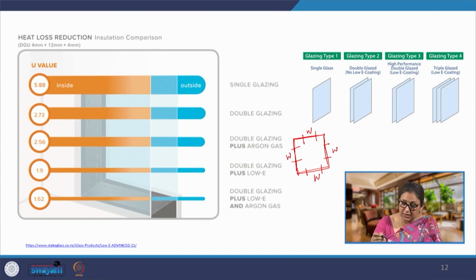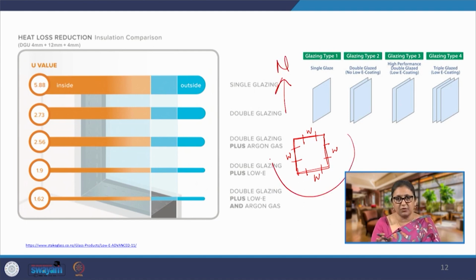Now, the sun, assuming that north is up, the sun is going to move like this for most part of the year, from east to west through south. So, I will have a lot of direct radiation which is going to come from these 3 directions at different times of the day.